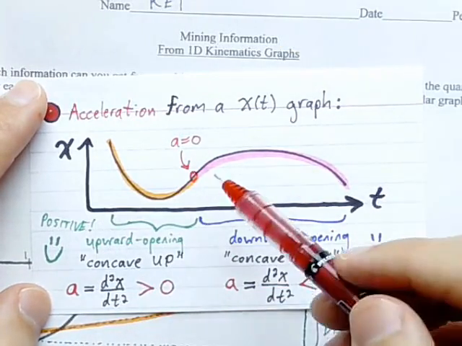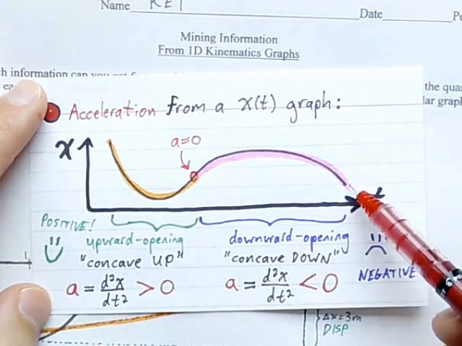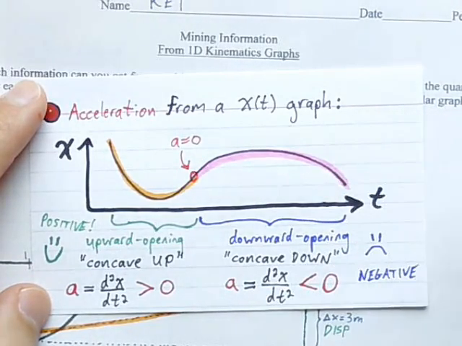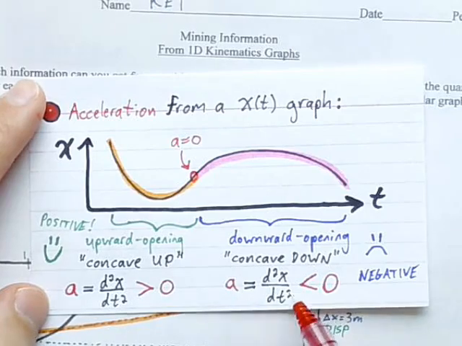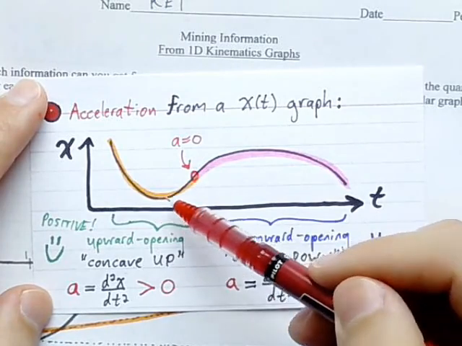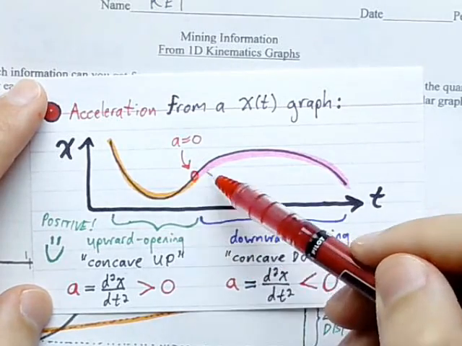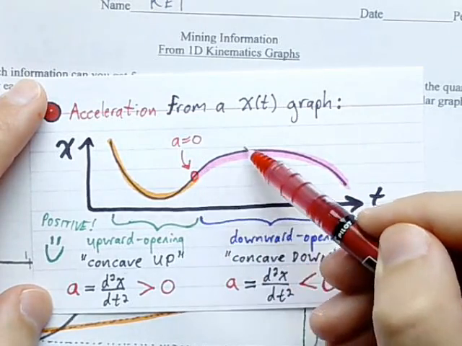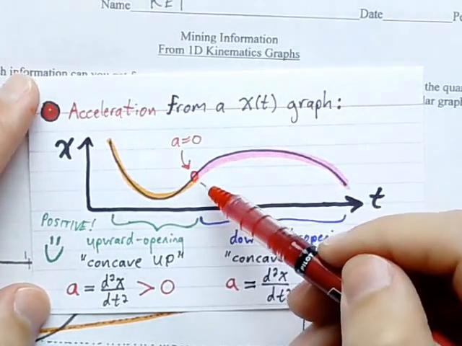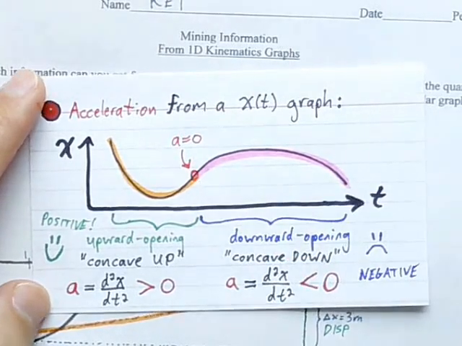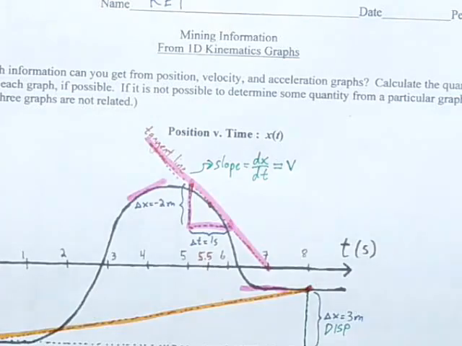If on the other hand we have downward opening curvature, concave down, that's like a frowny face, negative second derivative, negative acceleration. And if there's a point where we transition from upward opening to downward opening, then we're transitioning from positive acceleration to negative acceleration. There must be a point in between where the acceleration is 0 for a moment. That's that instant right there.